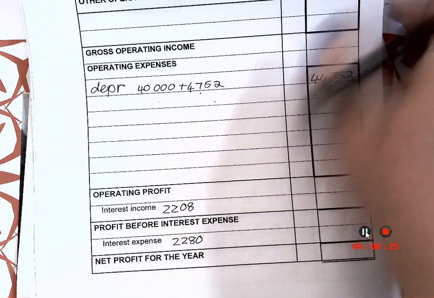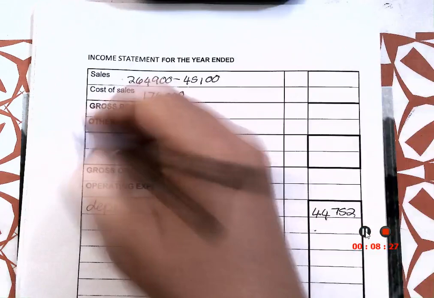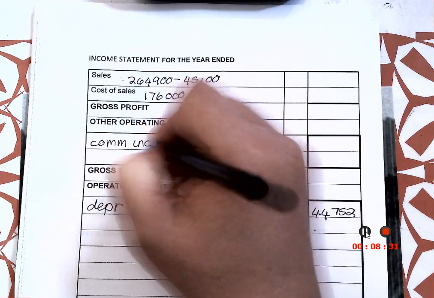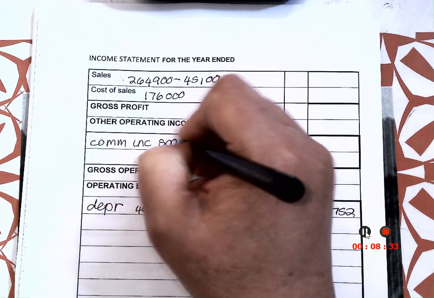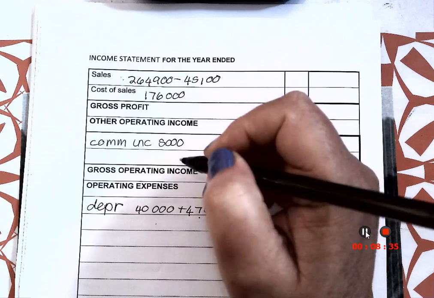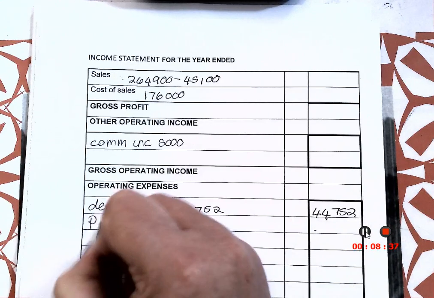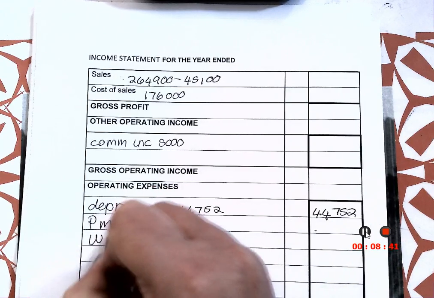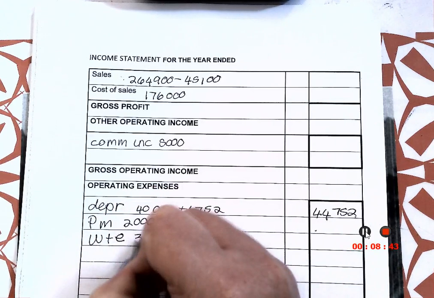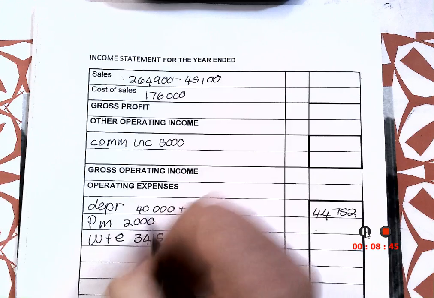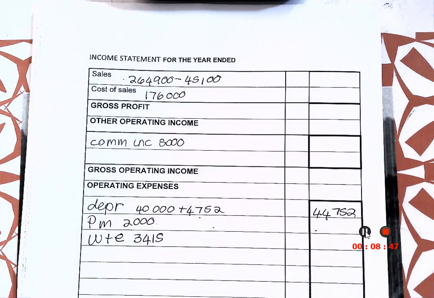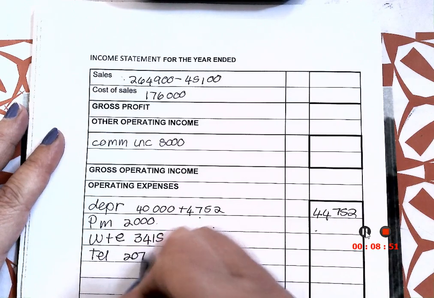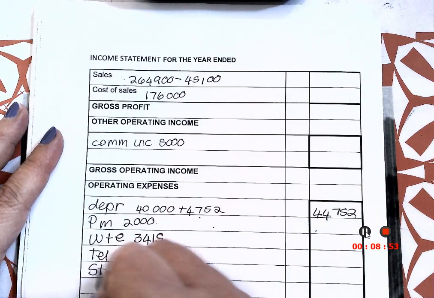Then I've got commission income. Okay, commission income. I've got packing material. I've got water and electricity. I have telephone, stationery.